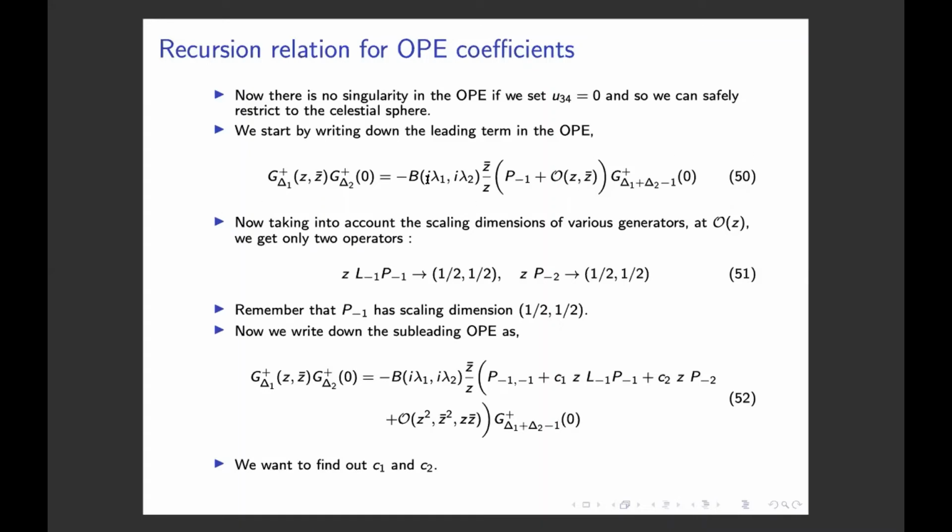I start with an expression like this, and then I ask what are the operators that can appear at order z cube. If I look at all the descendants, I can see that I have only two, which are L-1 P-1 and P-2. I write these terms with some unknown coefficients, C1 and C2, and then our job is to find out C1 and C2.